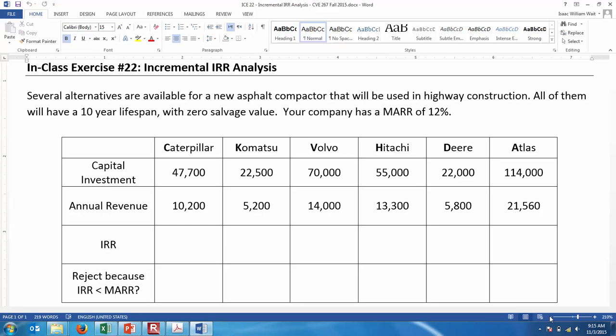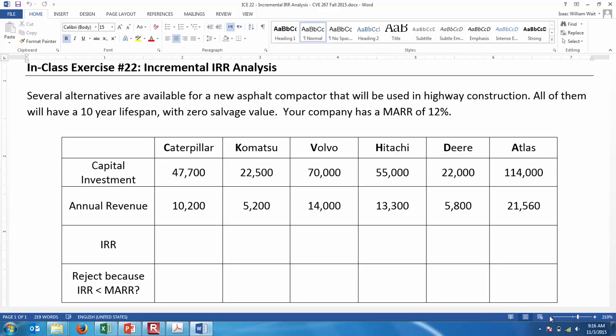The company has set a MAR of 12% because that's how much it costs them to raise the money for the equipment. And so what we're trying to find out is which of these alternatives is best. Now, we already know the easiest way to find the best alternative is just find the present worth discounted at the MAR. Well, I ask you to do that at the end to double check, but let's use incremental analysis to find which alternative is best.